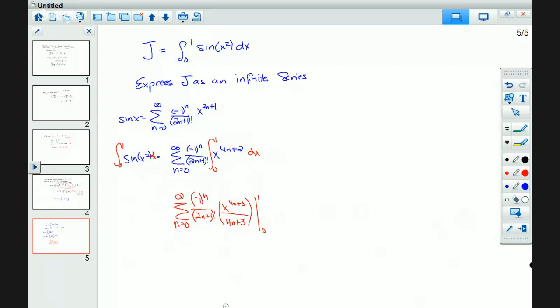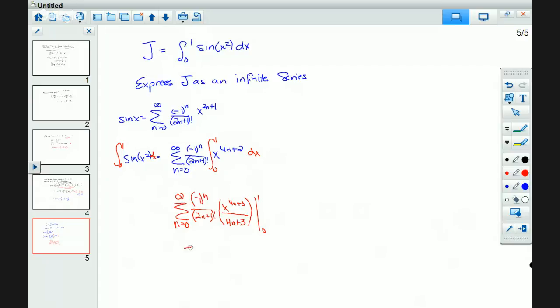Don't forget we do have to evaluate it. If I plug in 0, you agree that's just 0. But this is 1, correct? So really all we end up with is 1 to the 4n plus 3. What's 1 to the 4n plus 3? It's always 1, right?